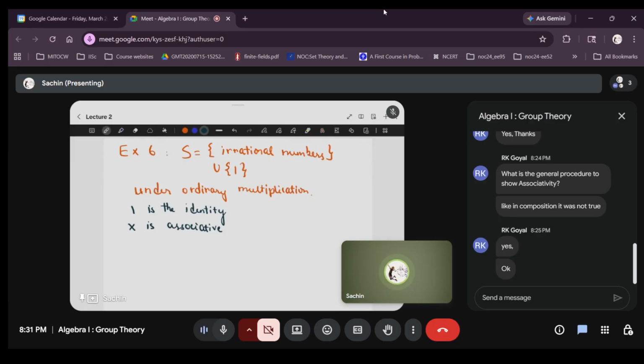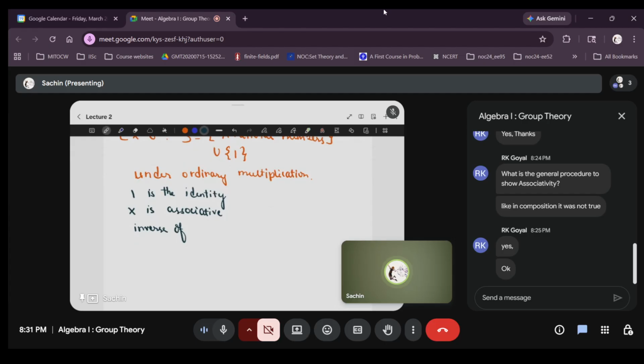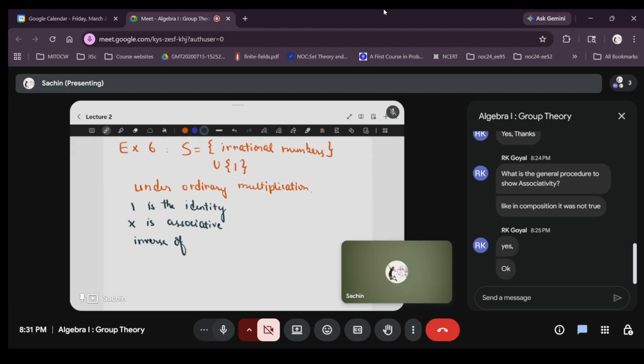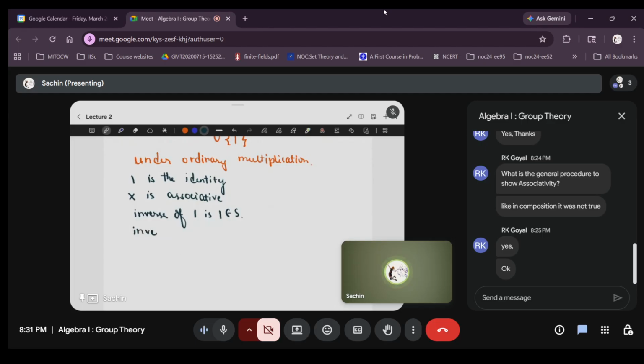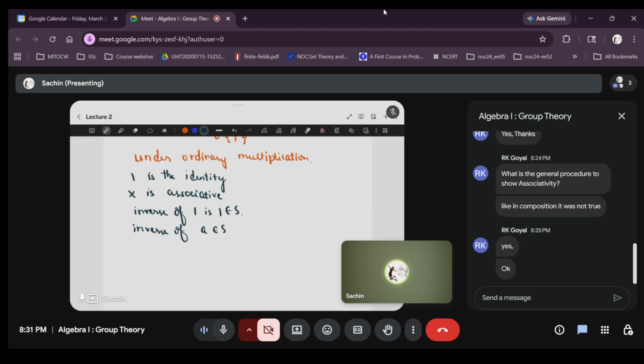Then inverse of any irrational number. So 0 is a rational number. 0 is not in this set. Inverse of 1 is 1 that belongs to S. Inverse of any other element, A, in S is 1 over A. And you can check that if A is irrational.